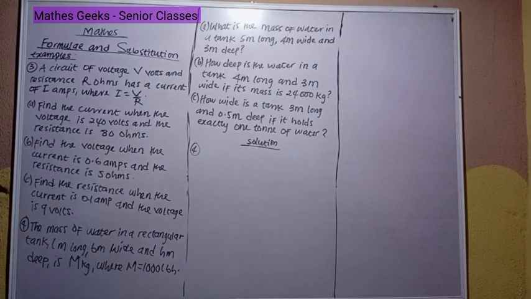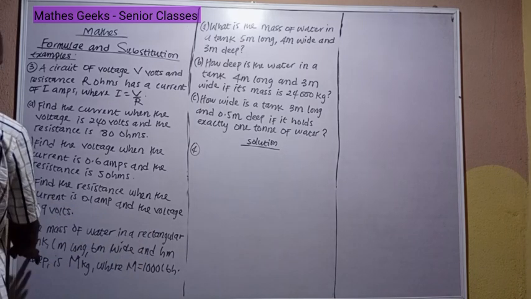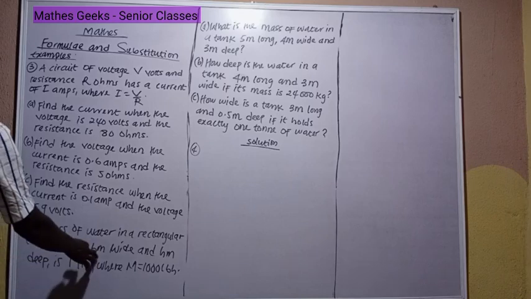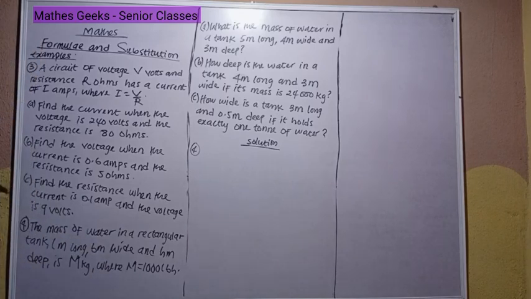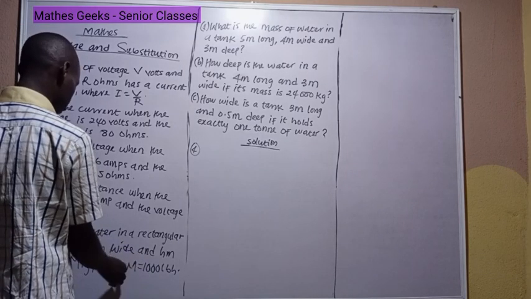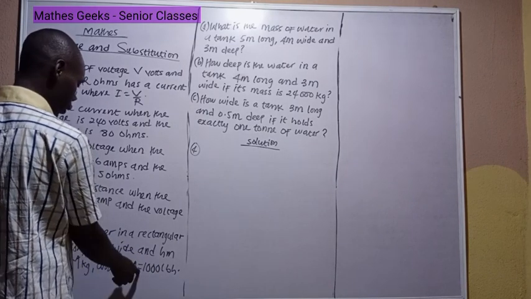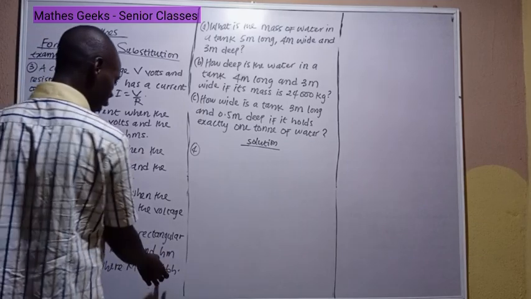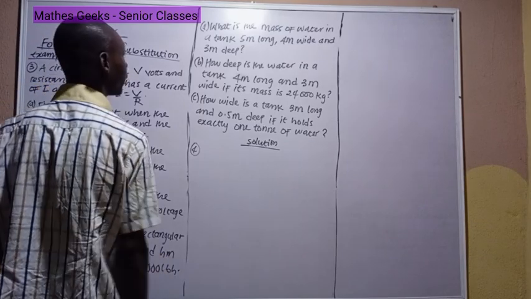The mass of water in a rectangular tank L meters long, B meters wide, and H meters deep is m kilograms, where m is equal to 1000 lbh, as length times breadth times height.